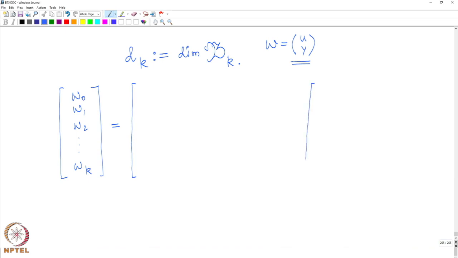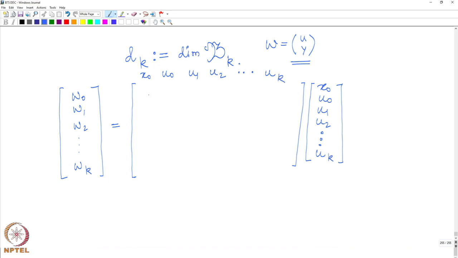I am going to put here my independent variables x0, u0, u1, u2, up to uk. So, x0 multiplies this column, u0 multiplies this column, u1 multiplies this column, u2 multiplies this column, and finally I have the uk.